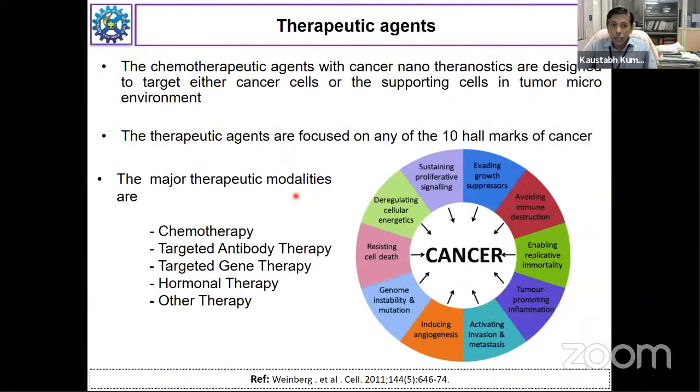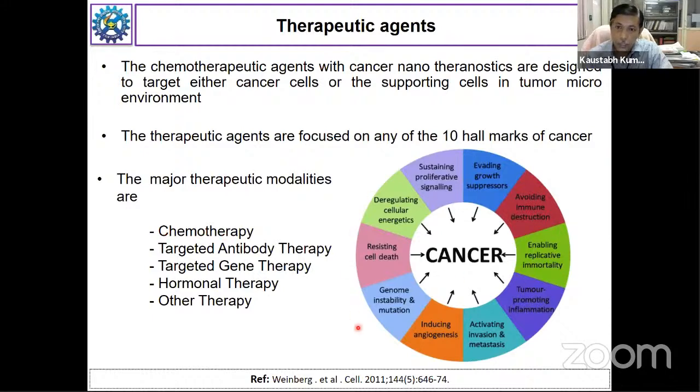Now coming to my talk on cancer theranostics. We need to think about what therapeutic agents are focused on cancer. Actually, there are 10 hallmarks of cancer which are considered today, giving insight into how we can impose our therapeutic molecules.